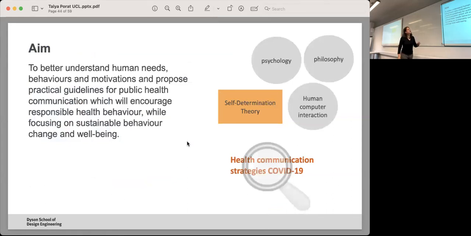So the aim was to better understand the human needs, behaviors, and motivation in this period, and propose guidelines for public health communication that will encourage responsible health behavior while focusing on sustainable behavior change and well-being. So what we did, we applied the self-determination theory.